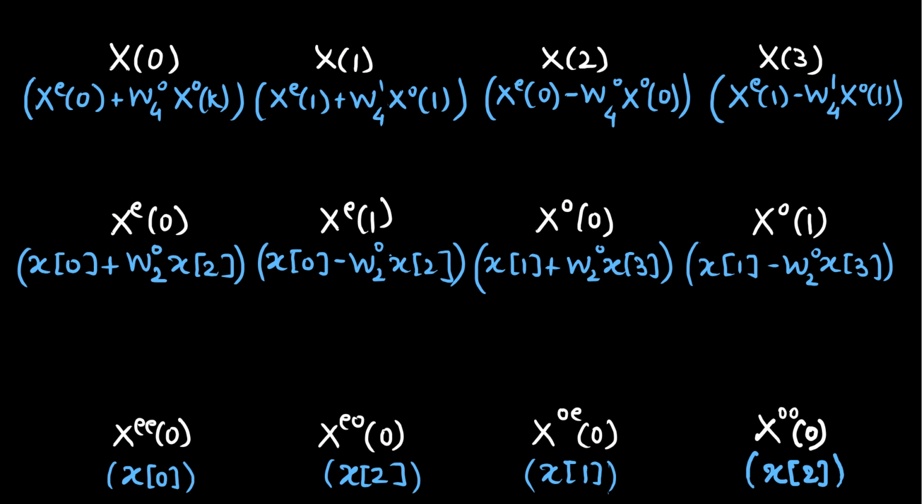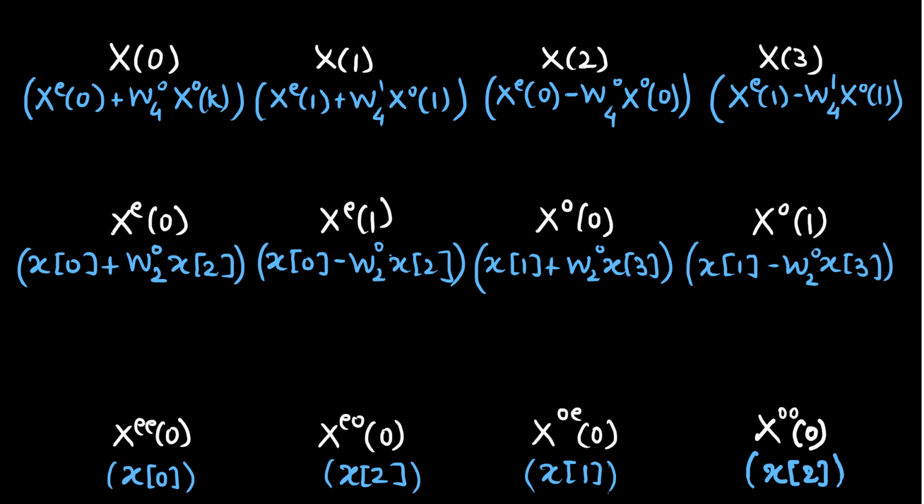So we had seen that this xee of 0 was x of 0, this xeo of 0 was x of 2, this xoe of 0 was x of 1, and this xoo of 0 was x of 2. Now this even part was constructed using this xee of 0 plus w2 to the power k into xeo of 0, that is these two components, and it is simply addition of them.